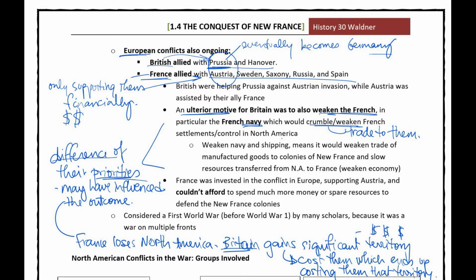We talked about, or I think you looked into a little bit with your own research, that the British had their own allies, the same as the French. So here are the groups that they were allied with. In particular, these two groups are the ones that were embattled with each other. Prussia eventually becomes Germany.